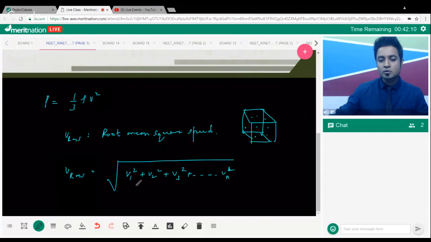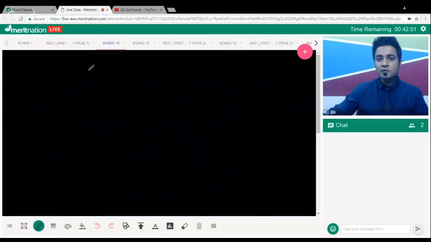Similarly, we have average velocity as well. For v rms, we have the formula under root 3RT upon M.